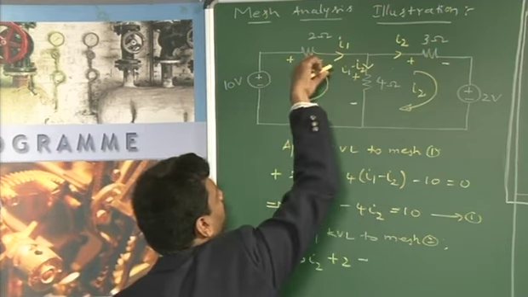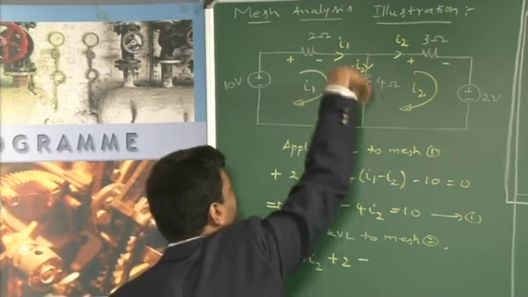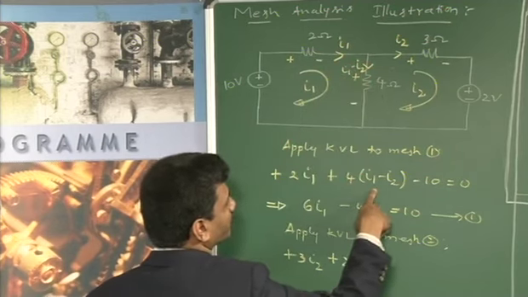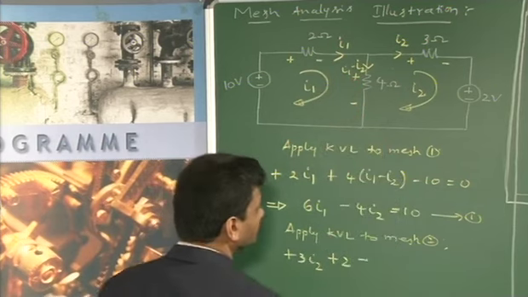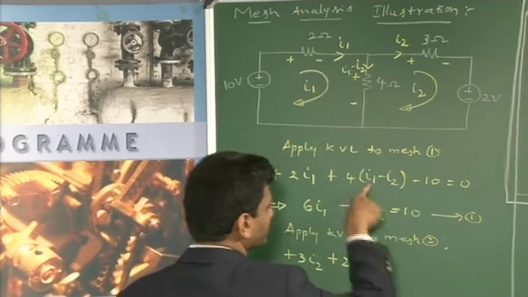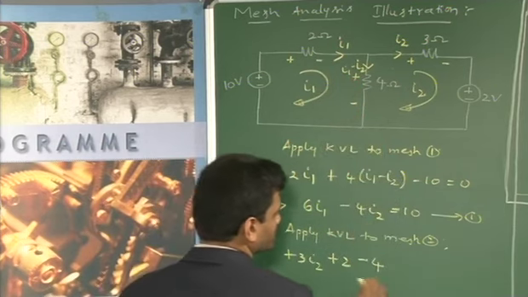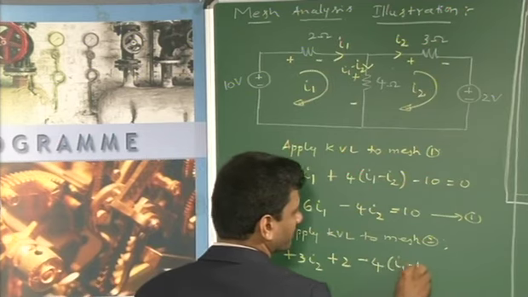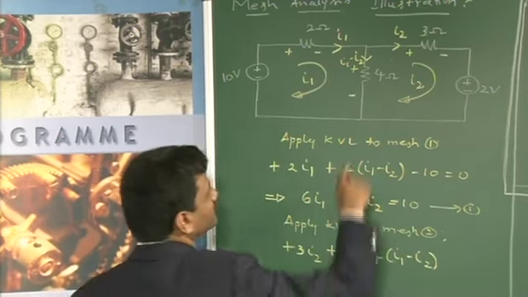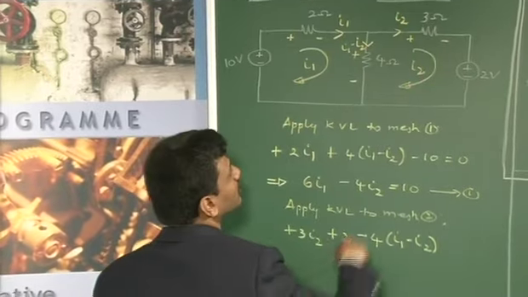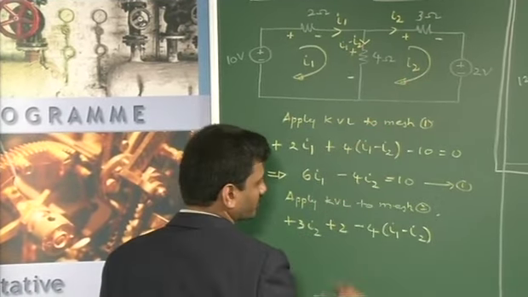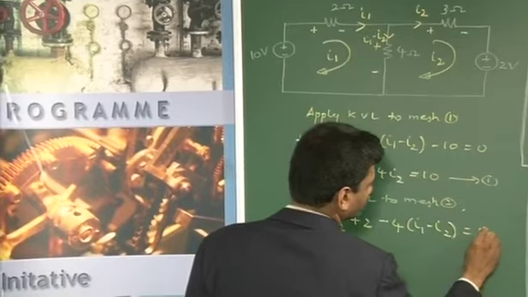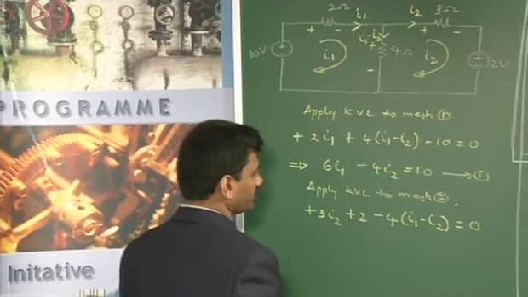Had we gone this way, you would have got 4 into I1 minus I2. But we are going in this direction, encountering the minus polarity, so you write it as the same drop but with a negative sign: minus 4 into I1 minus I2. So 3 I2 plus 2, and then minus 4 into I1 minus I2, which is equal to 0 according to KVL.